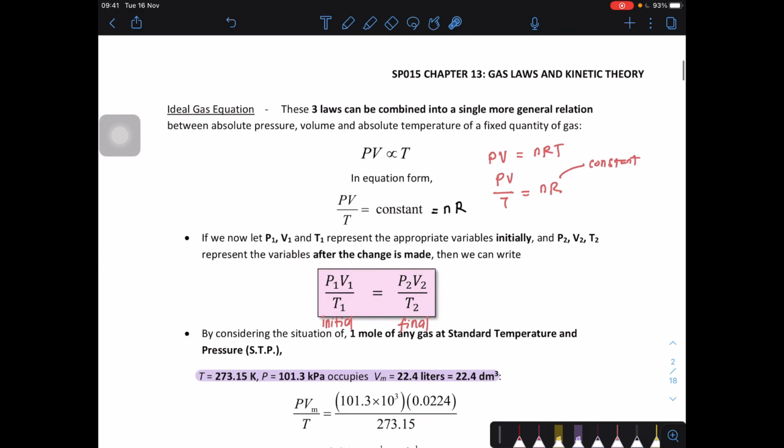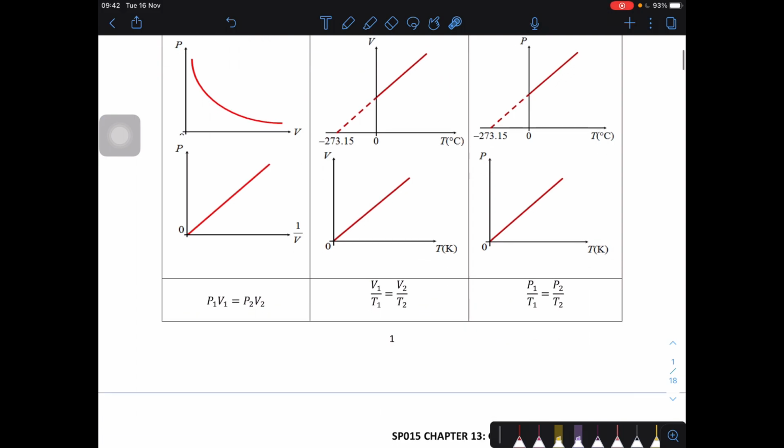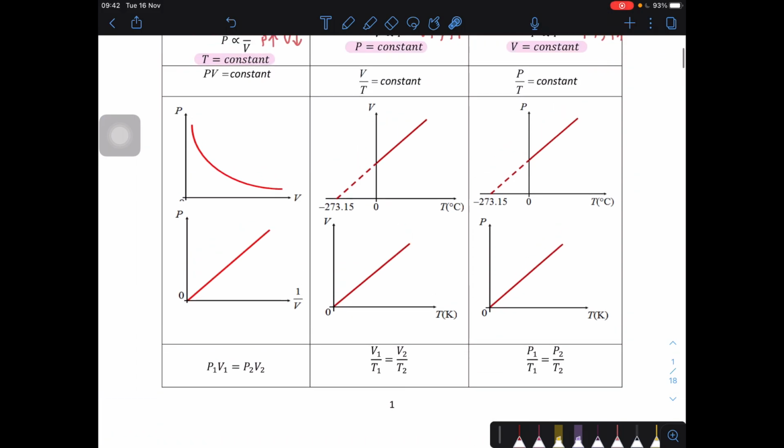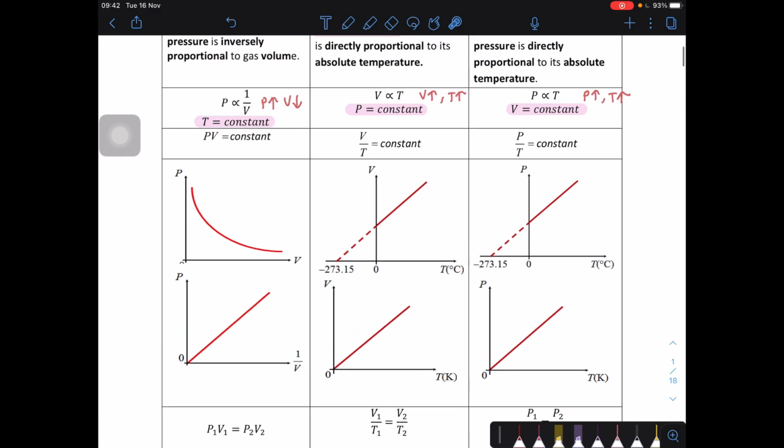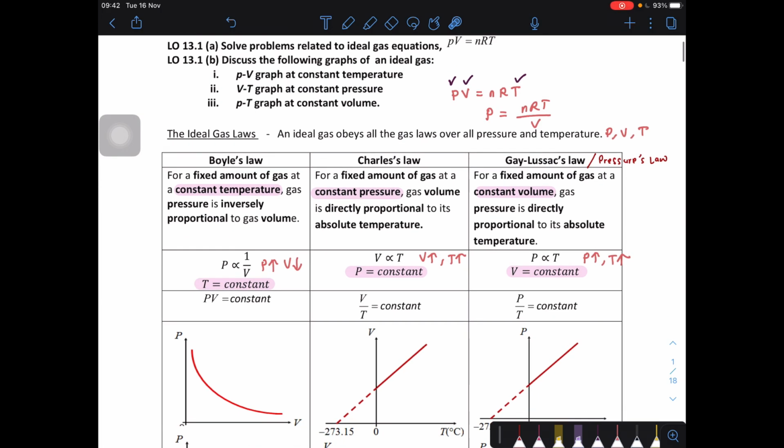So kena ingat dekat sini, for each of this law, this is what we are going to use. So depends lah, usually senang je mau ingat. Okay, mana satu yang constant? So kita akan ingat the original equation, the ideal gas equation. Apa yang constant? So contohnya P adalah constant here. Maksudnya kita tinggal, benda ni semua akan jadi constant.